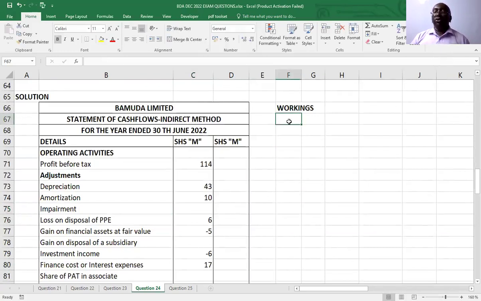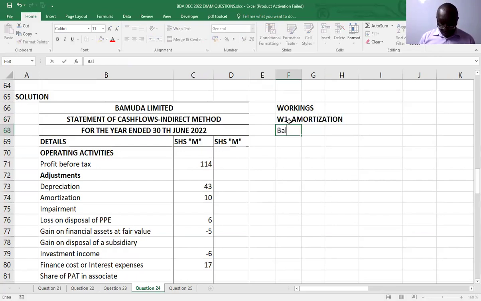Alternatively, you can choose to show the working. If you choose to show the working, you would have something like this. Working 1. We can call it amortization. In this one, we normally begin with the balance brought down.